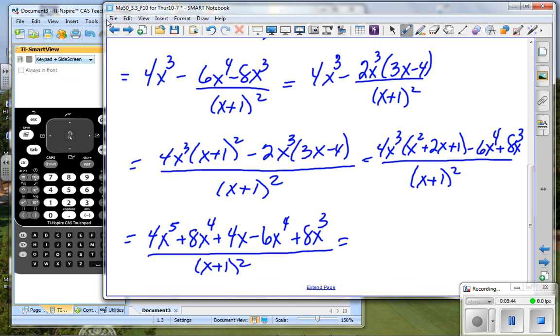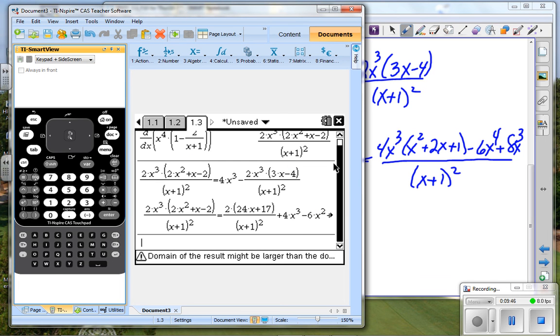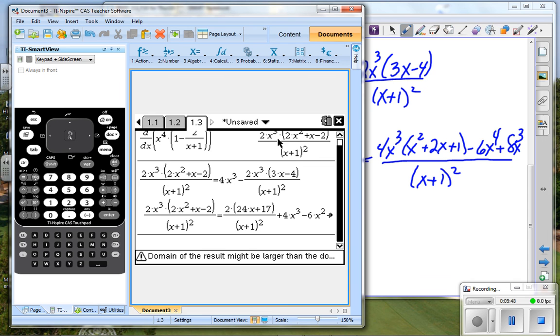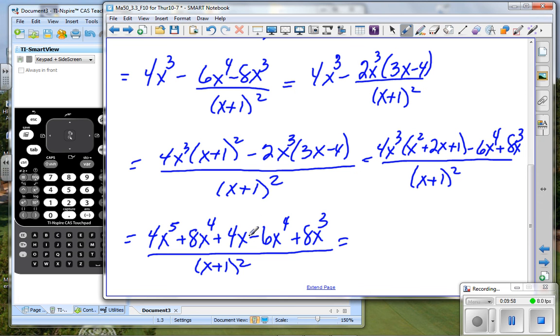Are we getting even close to the answer that they had? Their answer was 2x cubed plus 2x squared plus x minus 2, divided by that. So are we getting even close to that? Well, let's see. We've got 4x to the 5th.